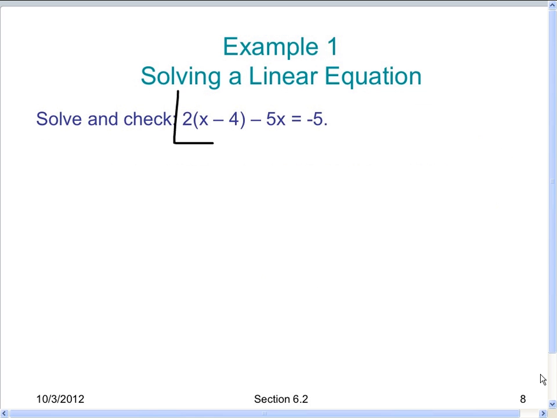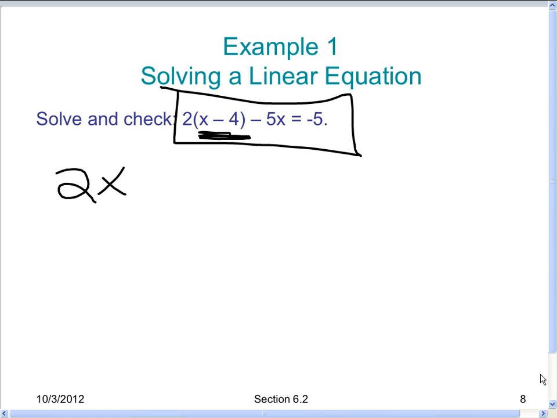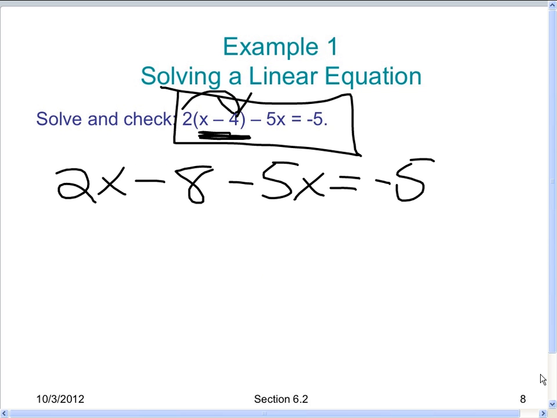All right, so let's suppose we have this equation. Notice I have parentheses. First thing I have to do is distribute the 2, so 2 times x. Don't forget to multiply the 2 times the -4. Now notice on the left-hand side I've got 2 different x's that can be combined.